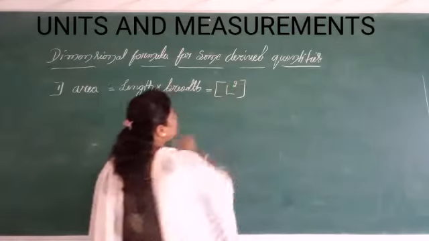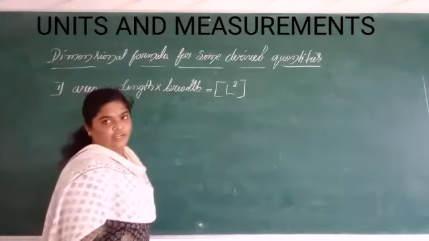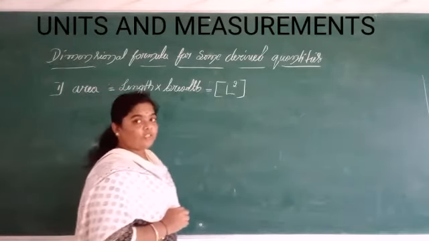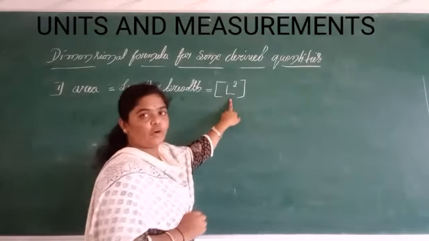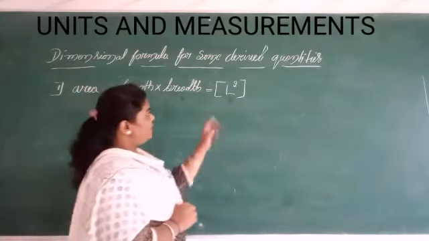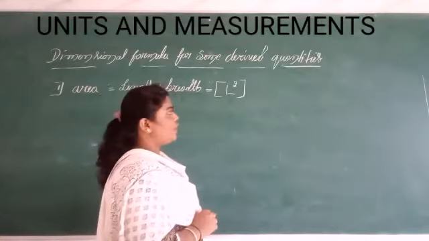Hence, the dimensional formula for area is L square. And remember one thing, the dimensional formula is always written in a square bracket. Square bracket ಒಳಗಡೆ ಬರೀರಿ. So area ಇದೆ, dimensional formula ಗೊತ್ತಾಯ್ತು, that is [L²].